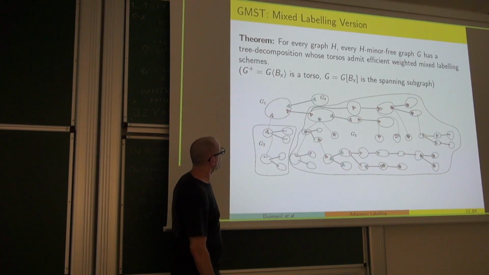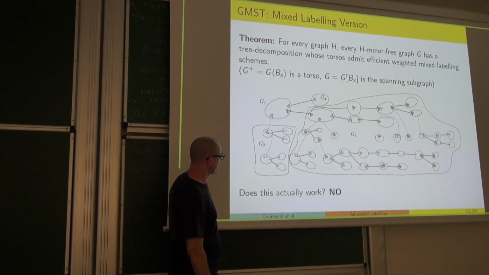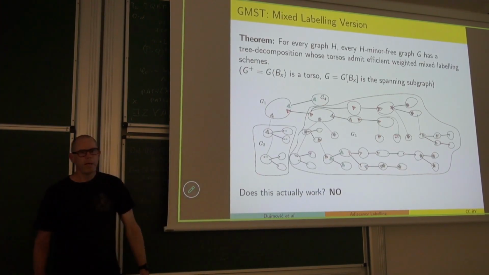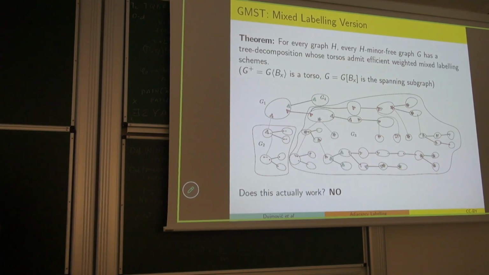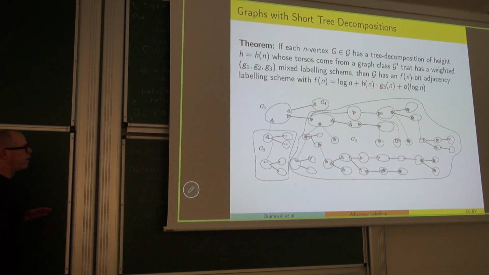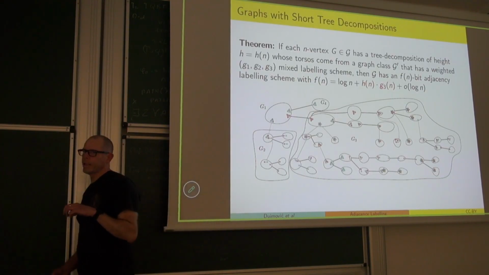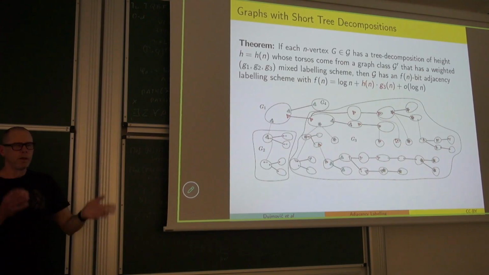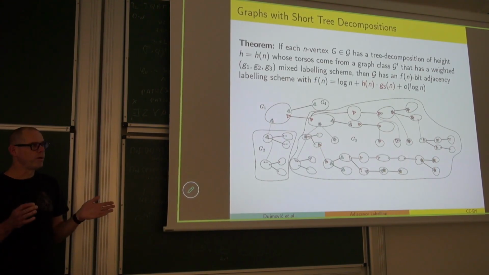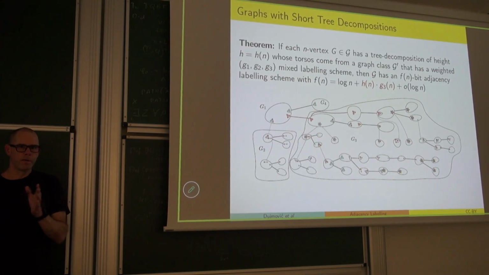And you're really happy until you realize, no, it doesn't work. But not for a deep reason. It's just that you forgot something, and it's not such a big deal. What you forgot is that the label for a clique has this length that you like, log of the total weight, minus the log of the lightest vertex in the clique, plus another little thing, G3 of n.